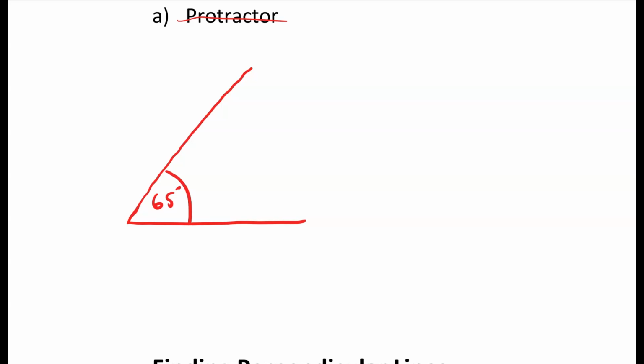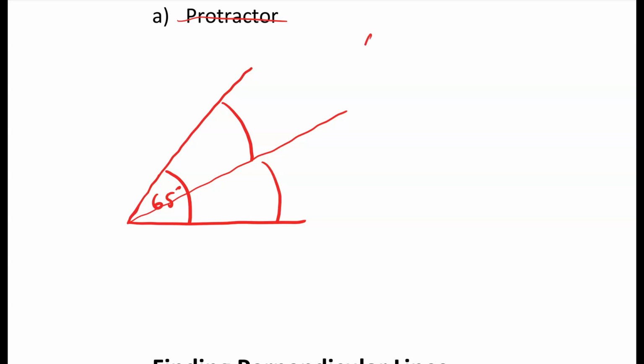Now, in order to split this in half, what we'd be doing is trying to do our best to draw a line down the middle and then look at what each angle is going to be. So in this way, we're not looking at drawing the most accurate. We're looking at drawing it so that we can get an understanding, if we split it in half, what are those angles going to be?